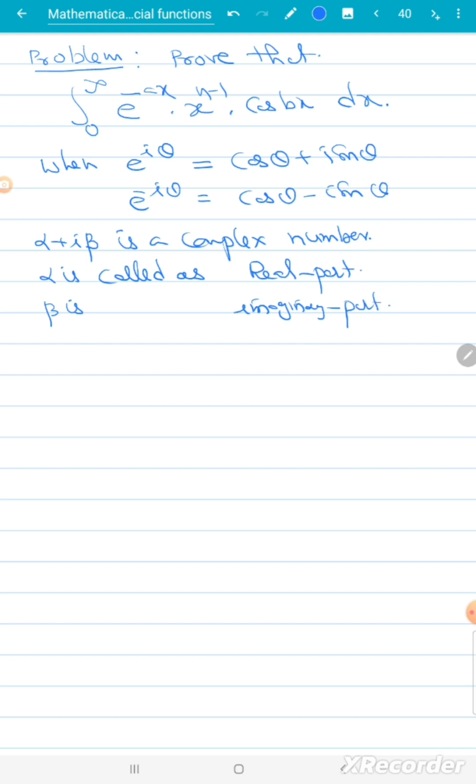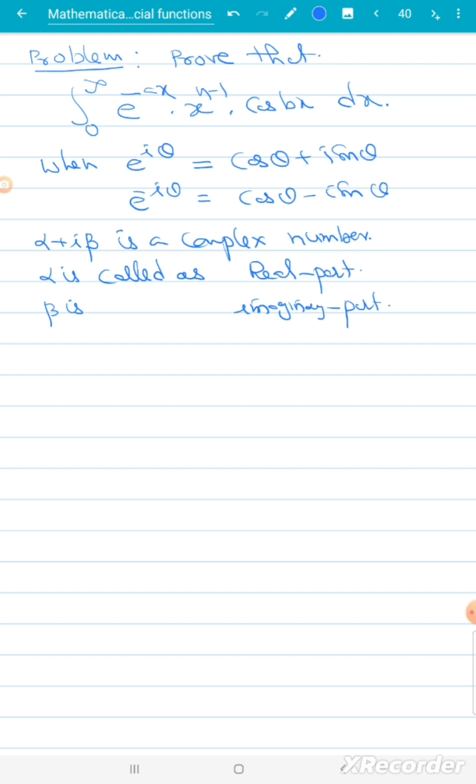So the part without i is called the real part, and the part with i is called the imaginary part. So e power i theta expansion is cos theta plus i sin theta, and e power minus i theta value is cos theta minus i sin theta.